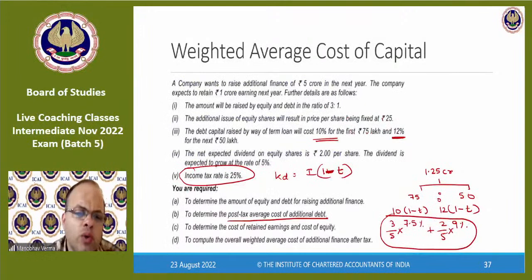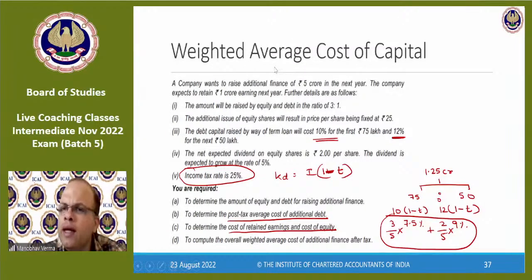Then we have third question, guys, to determine the cost of retained earnings and cost of equity. Now, they're asking you cost of retained earnings and cost of equity. And we're also looking at additional equity. So now in this case, obviously, what we need to understand is, we know that cost of retained earnings is equal to cost of equity, that's fine.